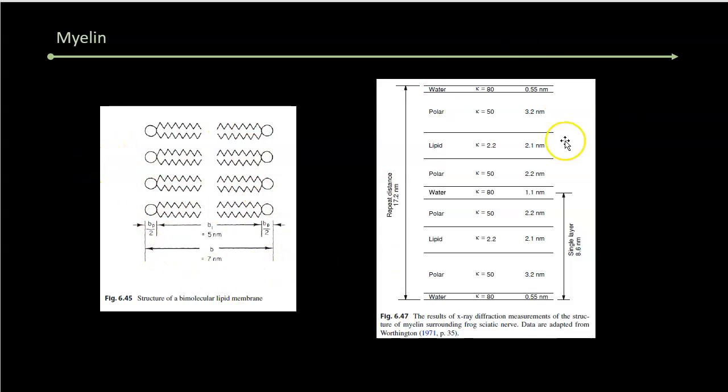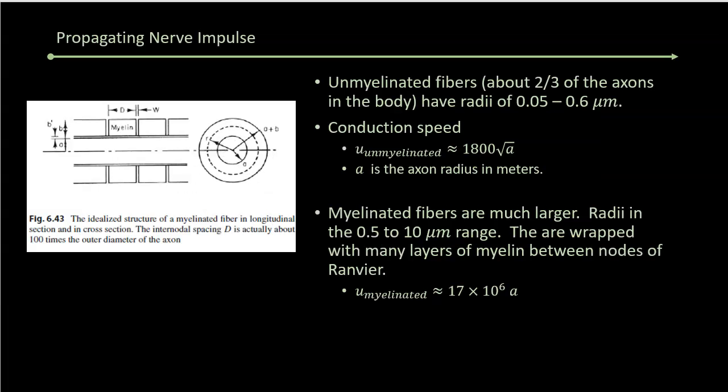This structure gets wrapped around again and again and again on the fiber. And so again, the propagation, you're going along and hopping from node to node. You regenerate the signal, boom, and you hop to the next node.